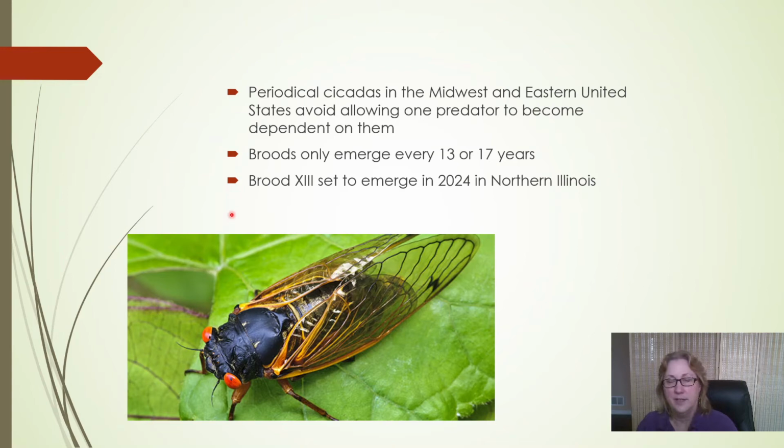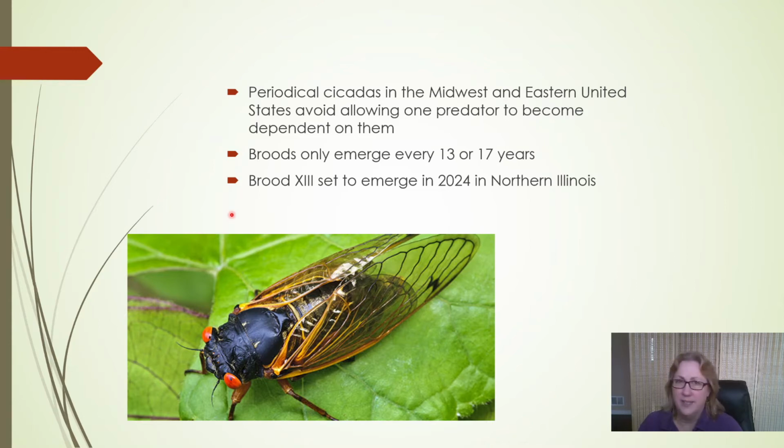Their strategy is to emerge by the millions all in the same year so that predators can't get them. They overwhelm the predators that are present. Predators eat them all day long, and there are so many of them that many of them reproduce.